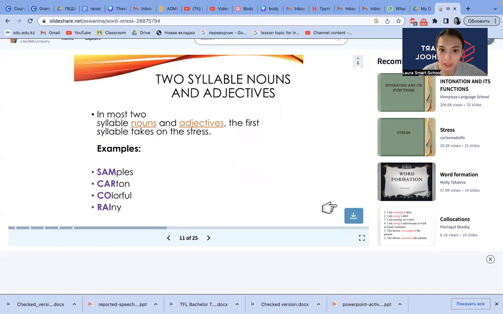In most two-syllable nouns and adjectives, the first syllable takes the stress. Let's look at the examples: samples, carton, colorful, rainy. But if I pronounce these words incorrectly, that looks really bad, right?